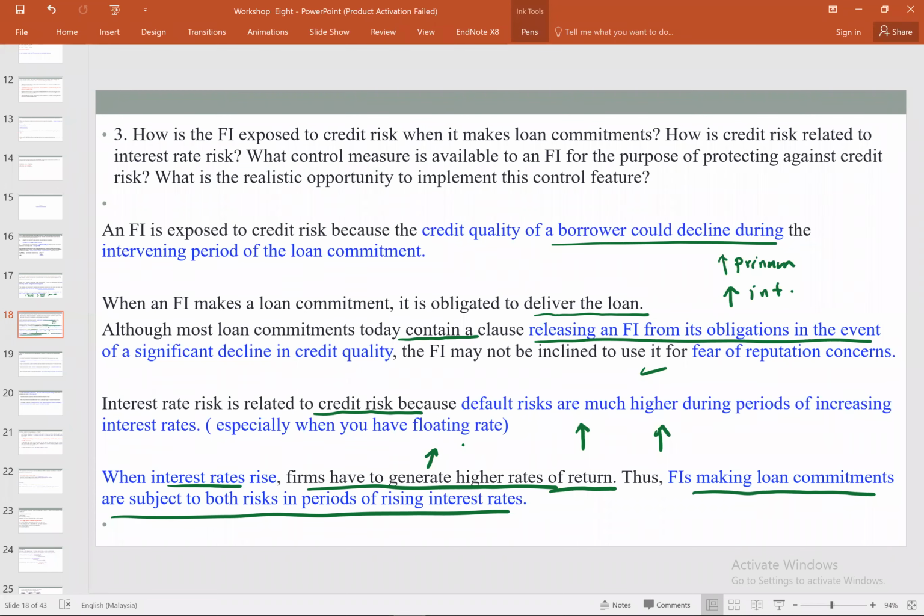For example, the client is producing any type of products, they will have to increase their returns. And when they increase their returns, they will be subject to a problem of not getting those returns. And that interest rate will create a risk for the customer, because he wants to increase his returns, and also he has to pay more to the bank.